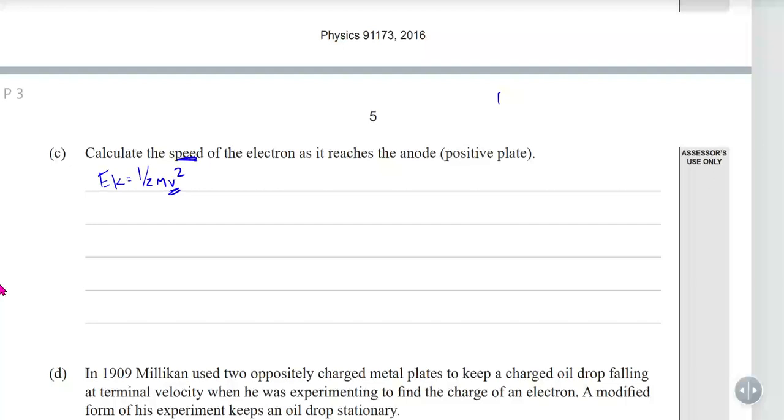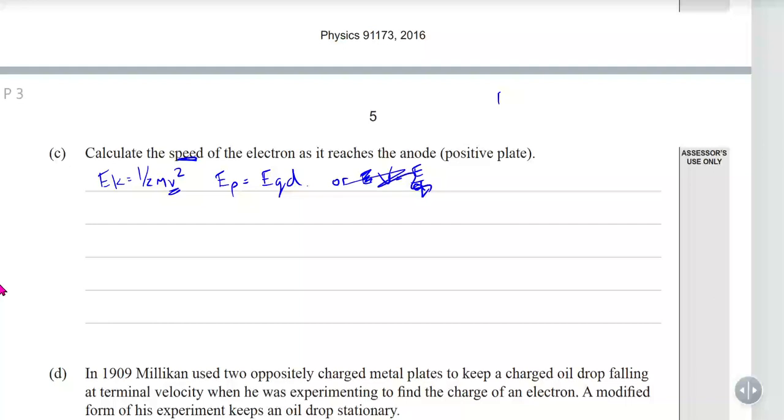And EP equals EQD, or we could also use V equals E over Q. So the energy change equals the voltage times the charge. The field strength times the distance gives you voltage. So they work out the same, these two equations. We're going to use this one.